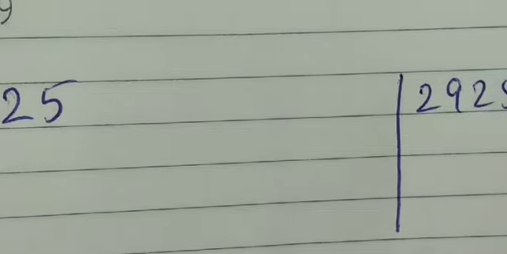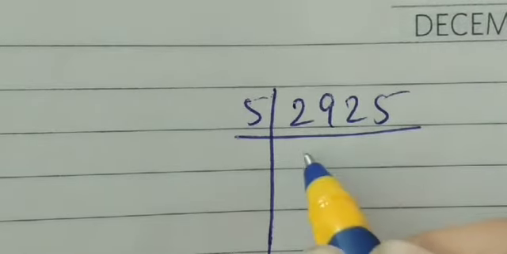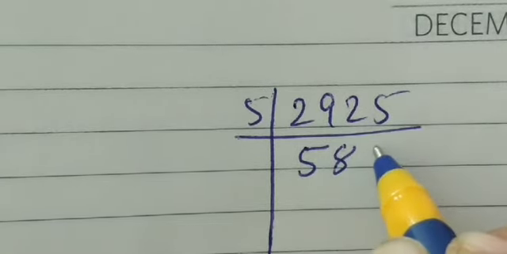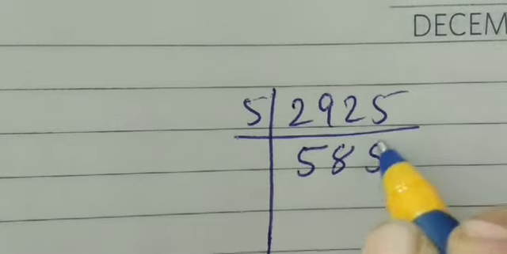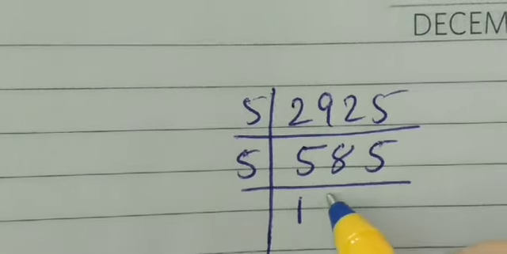Let's see. 2925, last digit is 5, so we will take 5 and divide. 5 5s are 25, 5 8s are 40, and again 5 5s are 25. Again take 5, 5 1s are 5, 5 7s are 35.